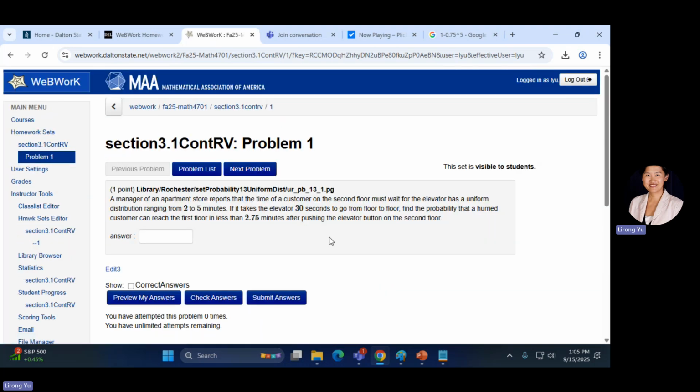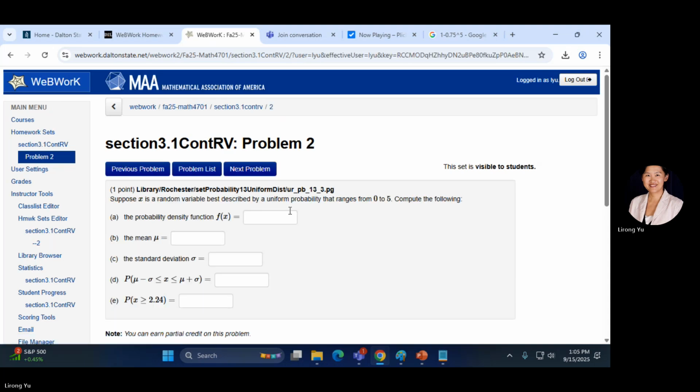All right, the first question. The uniform distribution question. It's calculating the density function. Uniform distribution from 0 to 5, so the density will be 1/5. The mean will be 2.5, which is 0 plus 5 divided by 2. The variance should be 5 minus 0 squared divided by 12, so that makes 25 divided by 12. And we can calculate probability.